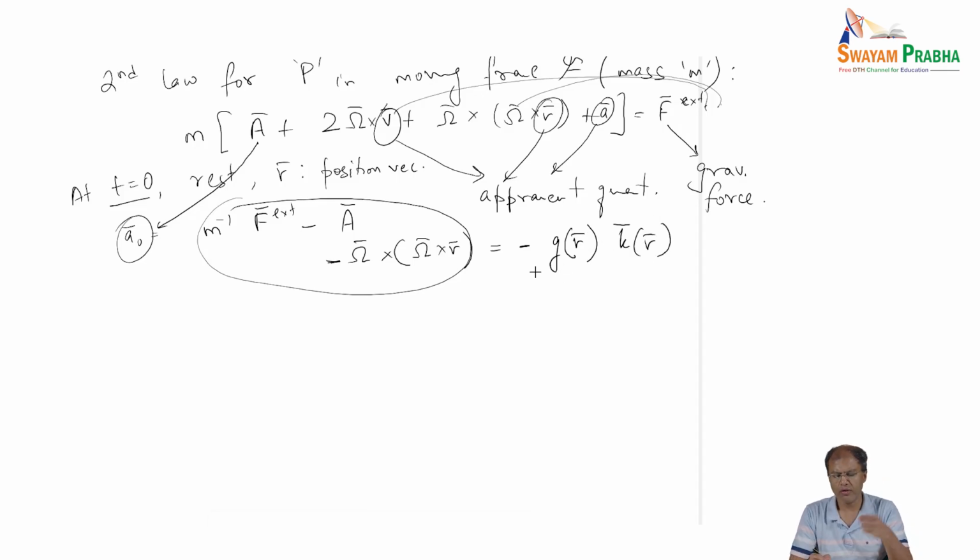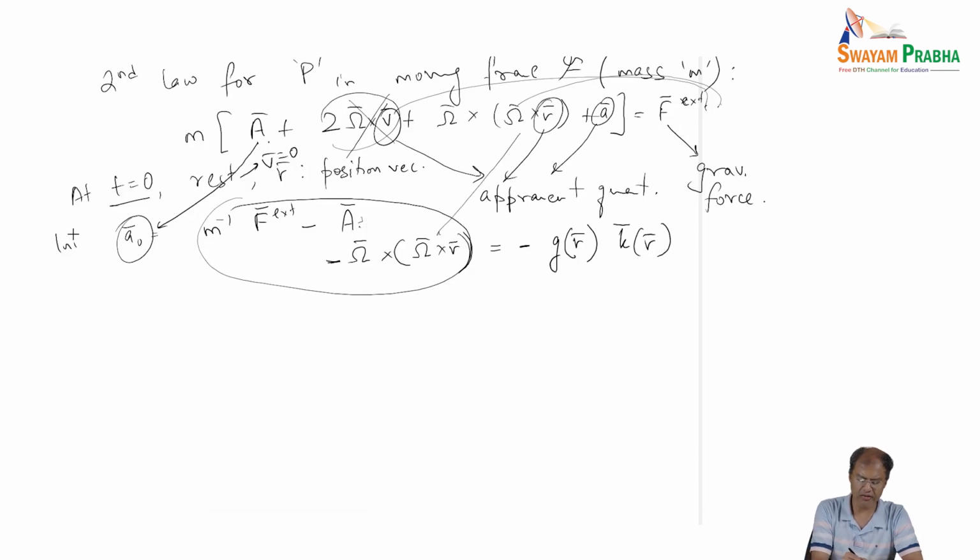What I am trying to say is, if we neglect the Coriolis effect, at t equal to 0 the particle is at rest, so V is 0. This term is 0, and we only get this term and minus A, so we are finding the initial acceleration.